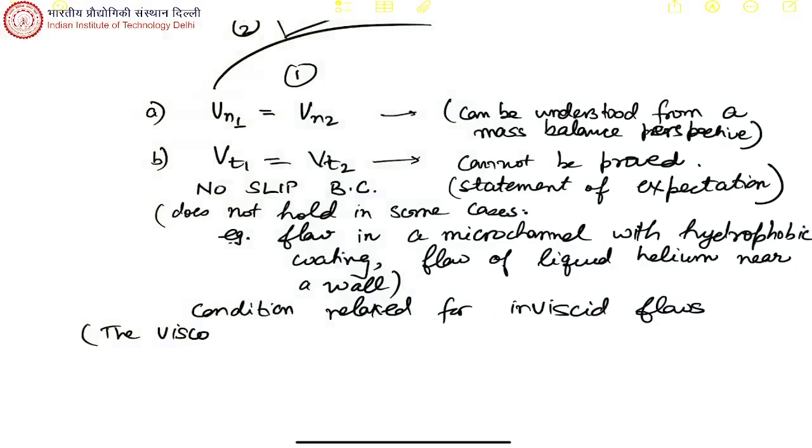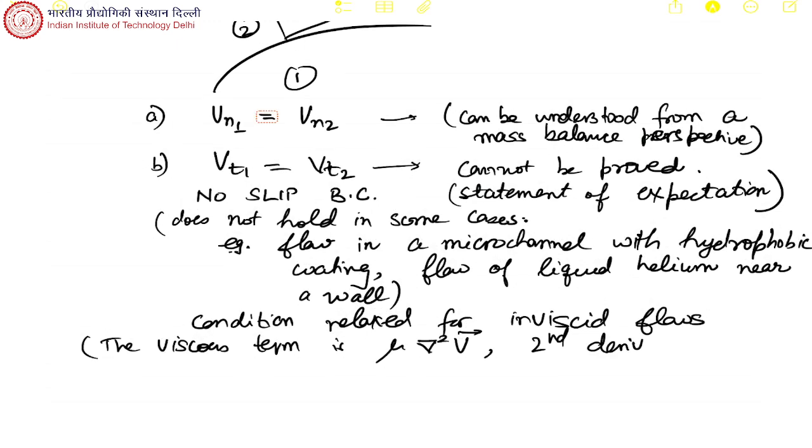So in inviscid flows, the viscous term is mu del square V, the second derivative of V comes with this term.